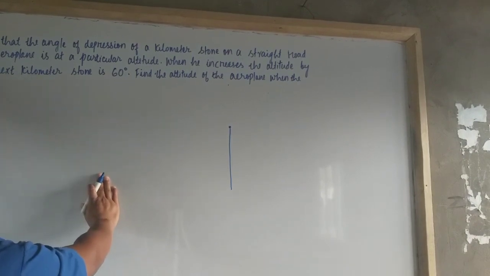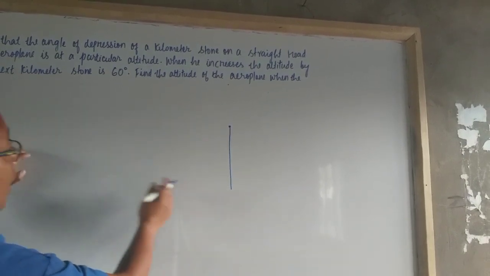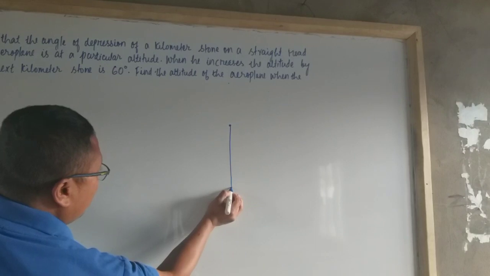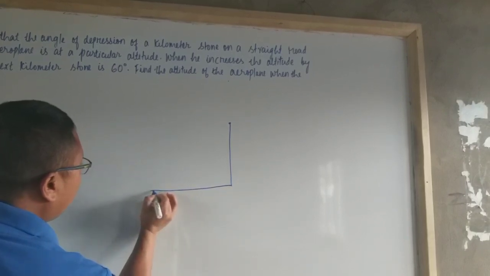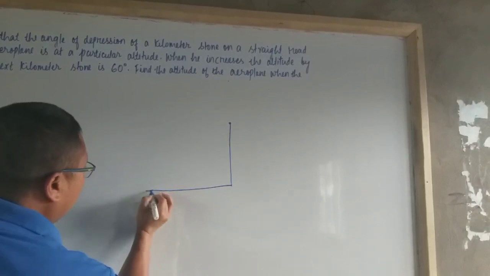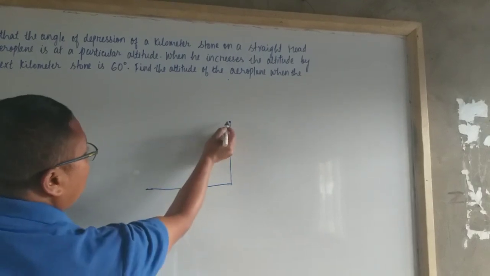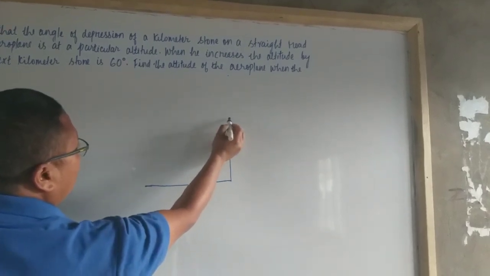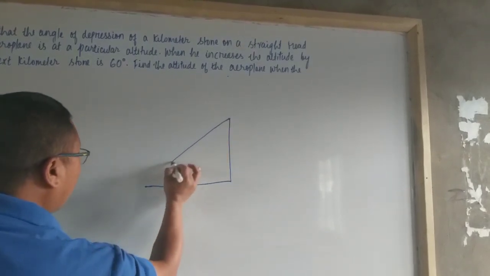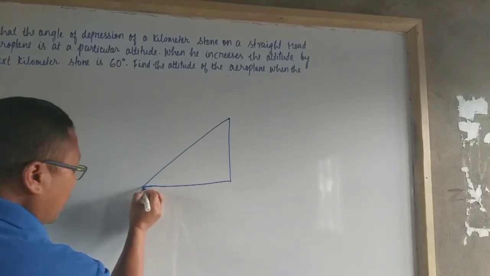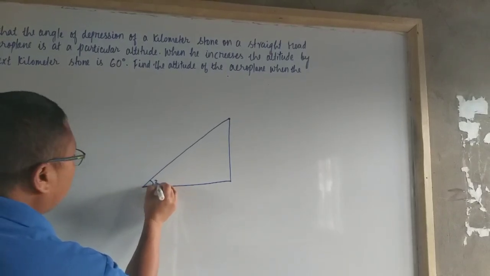The angle of depression on the horizontal ground is 30 degrees, the angle of depression of a kilometer stone. So the kilometer stone is somewhere here. So this is the kilometer stone, and from that position the angle of depression of the kilometer stone, which is here, is 30 degrees.